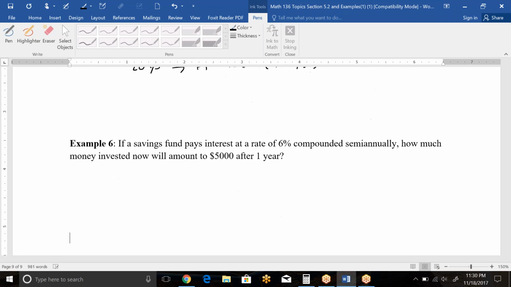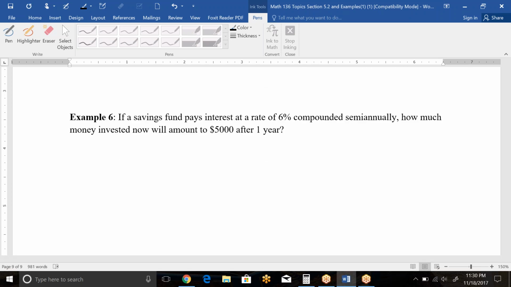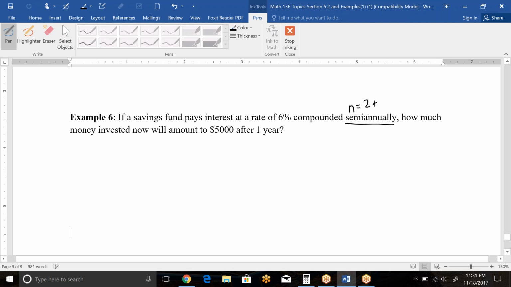So the last example has us solving this a different way. It says if a savings fund pays interest at 6% compounded semi-annually, that's one we didn't talk about. That's 2 times a year. Semi usually means twice, annual means 1 year. So how much money should we invest now to get 5,000 after 1 year?